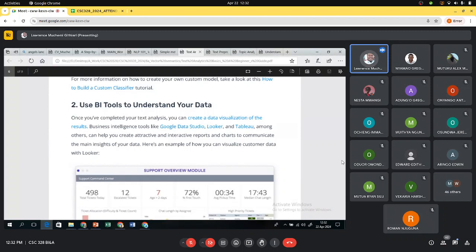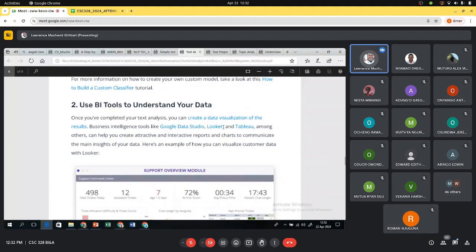Once you've completed your text analysis, you can create data visualization of the results. So business intelligence tools like Google Data Studio. Now, I've not tried this. Maybe you should try out this Google Data Studio.